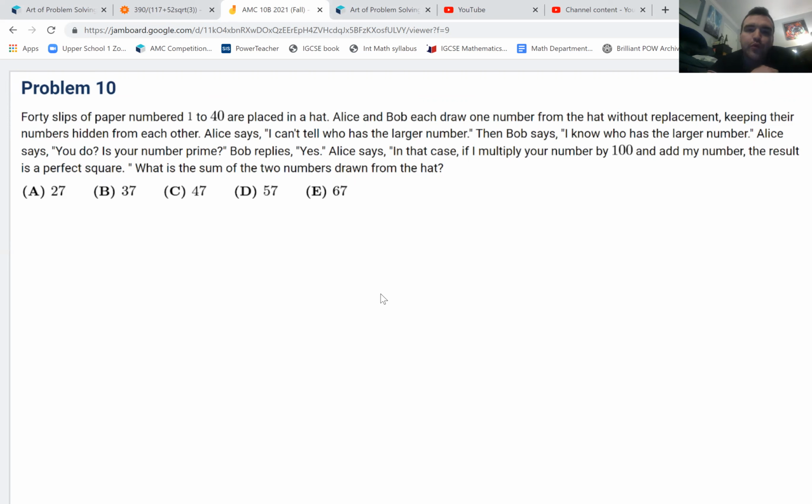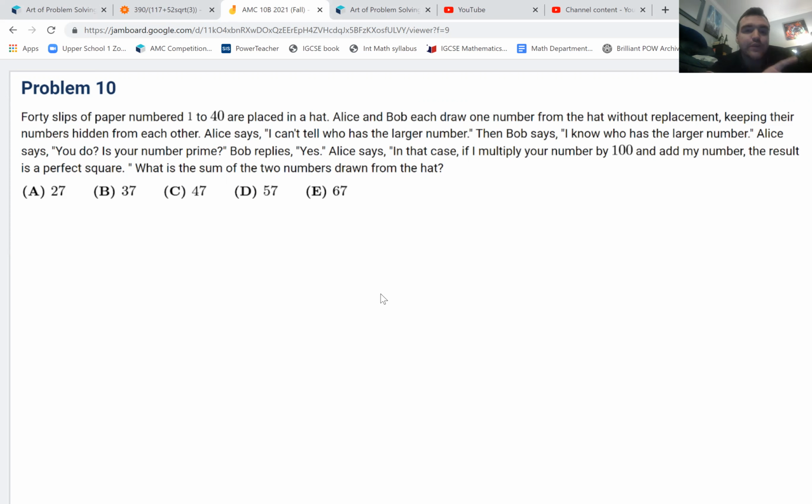But then Bob, knowing that Alice does not know who has the bigger number, thereby knowing that Alice did not pick 1 or 40, knows who has the larger number. So what could that mean? Maybe Bob has either 1 or 40, because then clearly he knows who has the larger number.